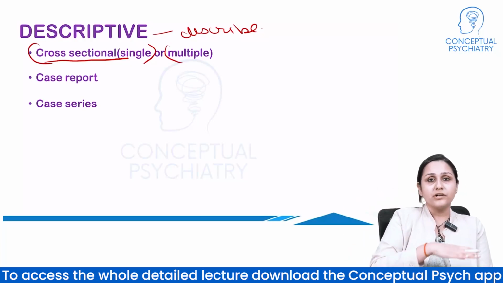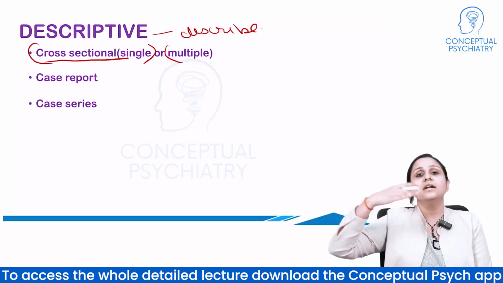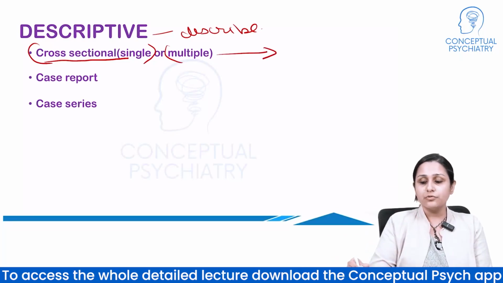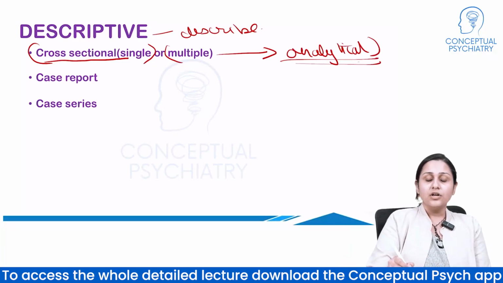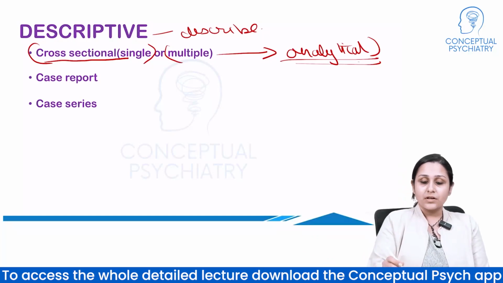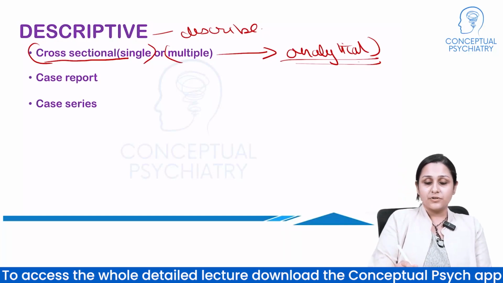At a certain point in time, you do a cross-sectional study. Later on, you again repeat the study, in which case it would probably go in the domain of analytical, because we are looking possibly at associations, causations, all of it. So, cross-sectional can also have two parts. Ideally, when we talk of descriptive, we are talking of case reports and case series.